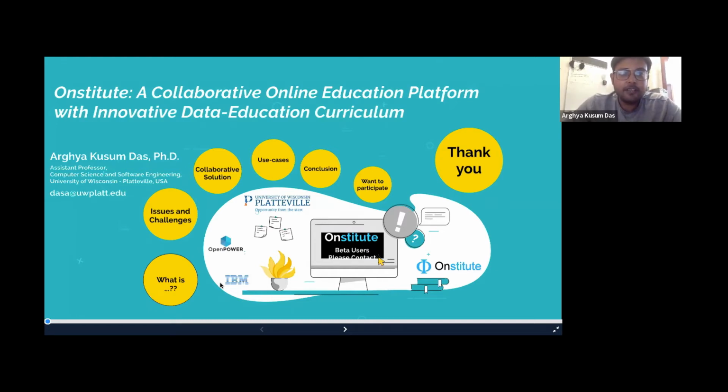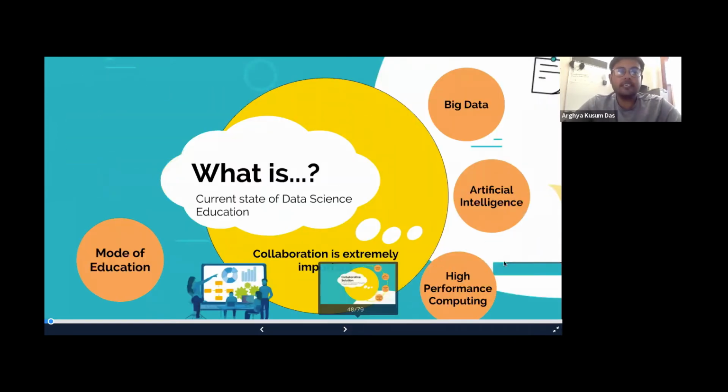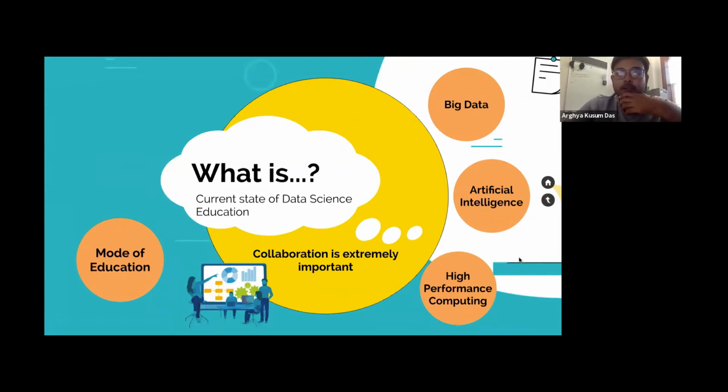First of all, let's start with a brief background of the current state of data science education. One of the major focuses is that data science is creating lots of jobs and making more money for people.